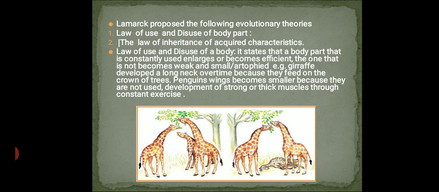The olden day snake had four limbs and hind limb, but because of the changes in the structure of the earth, in the environment, there was formation of a thick forest, and for snake to move through, they developed a long cylindrical body, and as a result of this, they dropped the use of their four limbs and hind limb, and over time the four limbs and the hind limb became reduced and useless because they were not being used again.